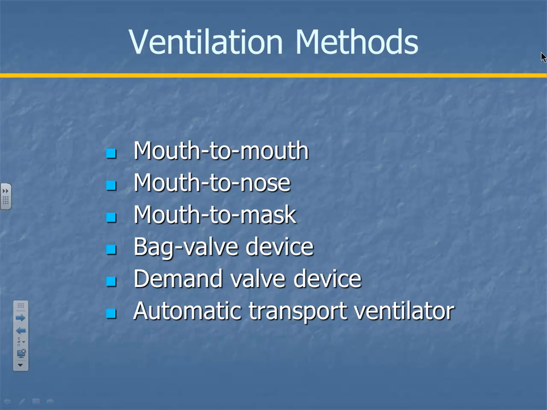The demand valve device. Y'all remember that picture of that crazy thing? The one with the really weird name. Yeah, the FROPVD. Can't remember what it is. What does that stand for? F-R-O, like forced. We don't use it.